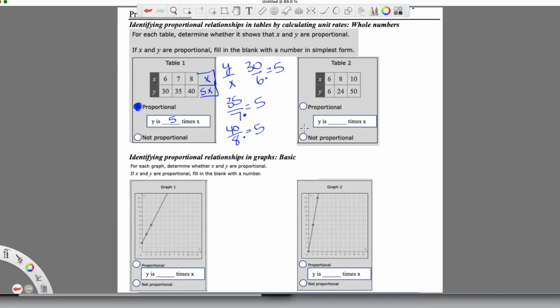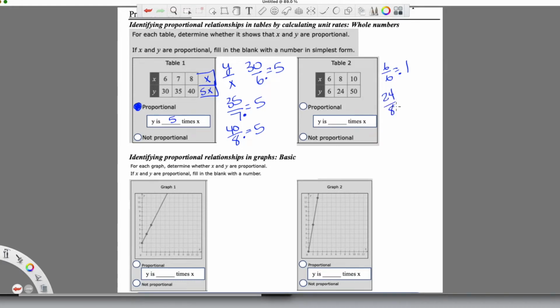All right, so the next one, we're going to look at this table. Now we have 6 over 6 for this one. Well, 6 divided by 6 is 1. So if I multiply x times 1, I get 6. So this one works. But my next piece, I'm going to have 24 over 8.